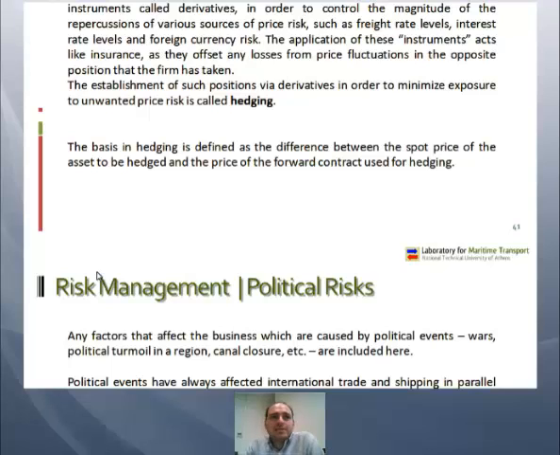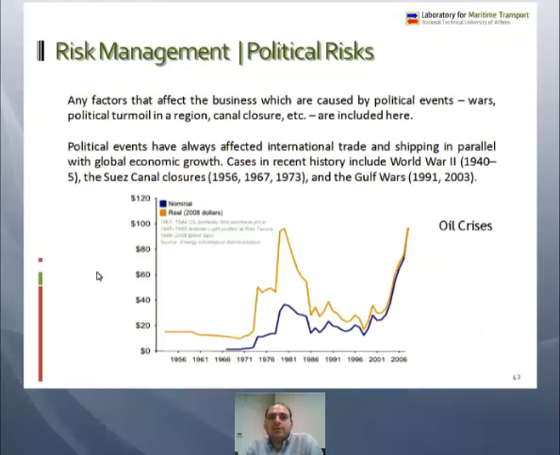And last but not least, we have these political risks. Any factor that affects the business, which is caused by political events like wars, political turmoil in a region, canal closures like the Suez Canal, are included here in the political risks.